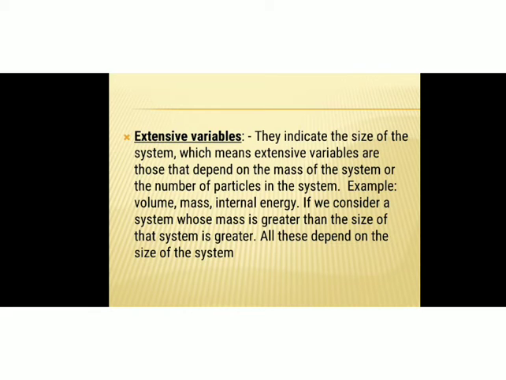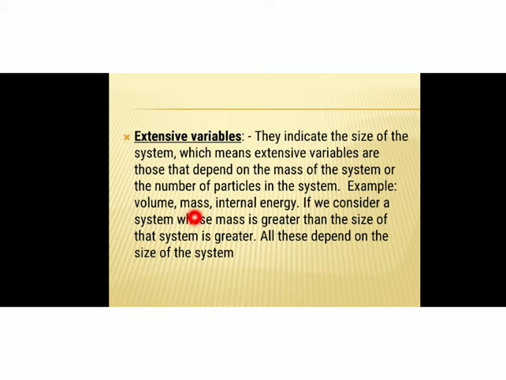Different types of variables are there. One type of thermodynamic state variable is the extensive variable. Extensive variables indicate the size of the system, that means they depend upon the size of the system. Extensive variables are those that depend on the mass of the system or the number of particles in the system.